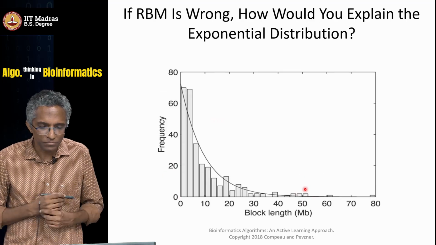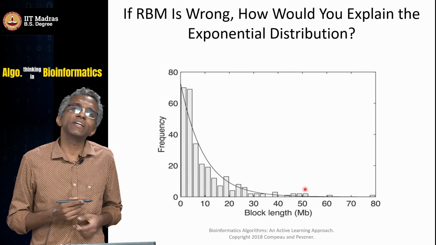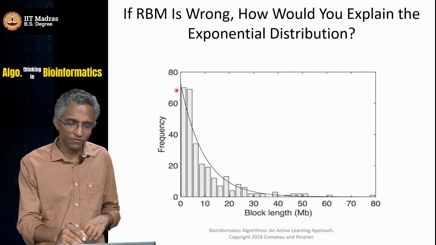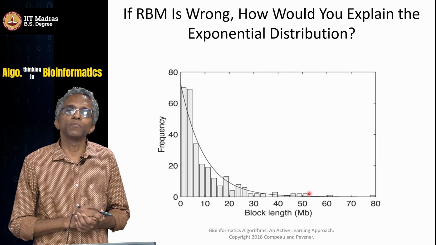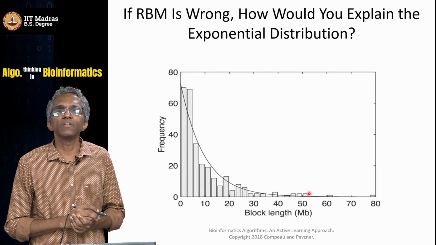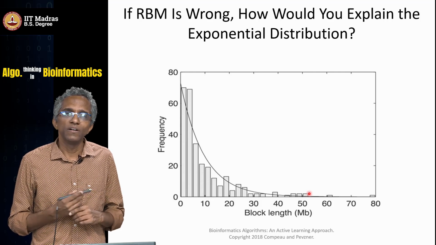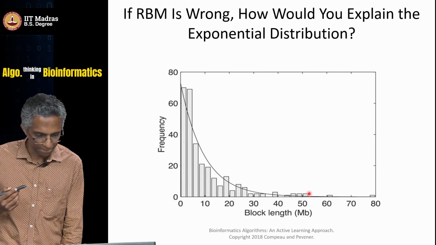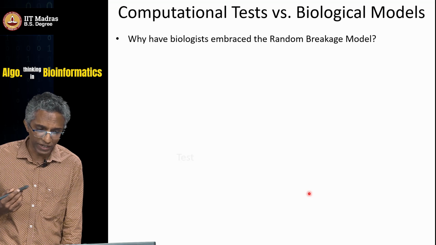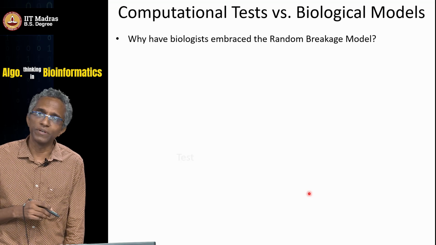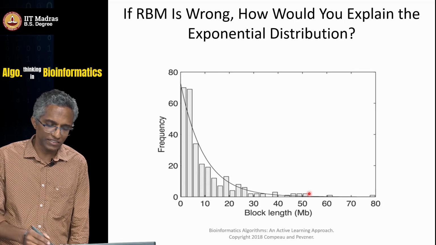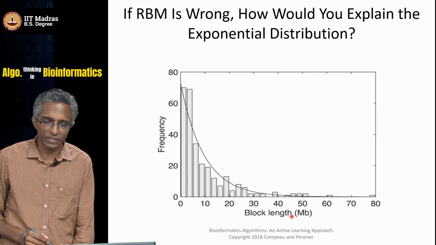But if the random breakage model is wrong, it did fit the exponential distribution of the synteny block lengths. So, how would you explain that? What is really happening here? And why have they embraced this random breakage model? The main statistical evidence for this is the block lengths that we have seen before.